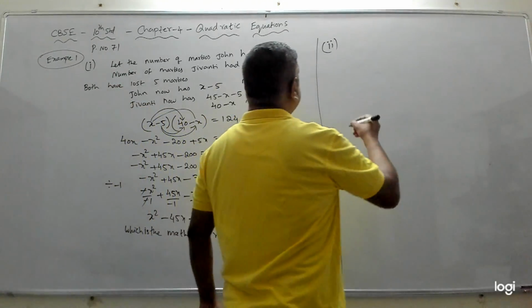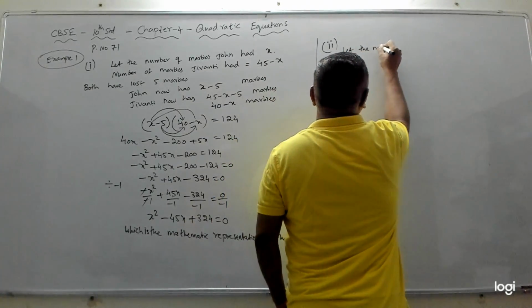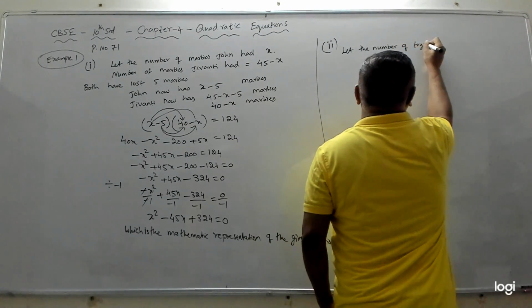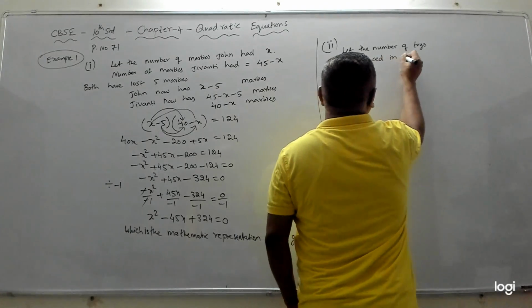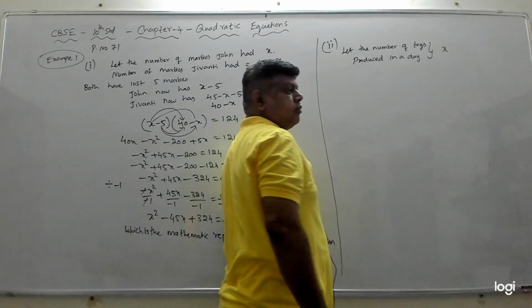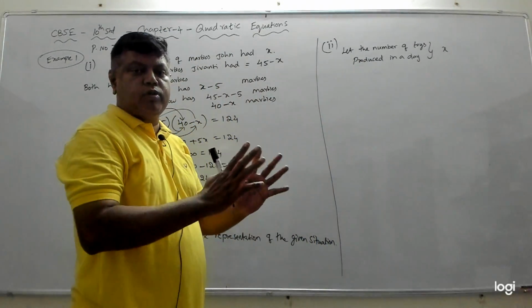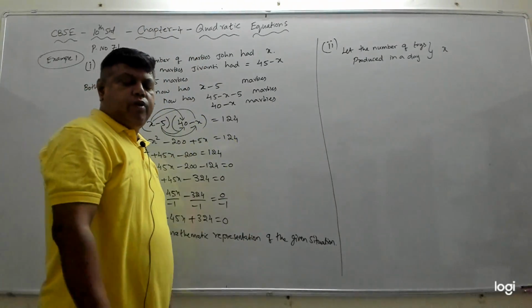Fine. So now we'll assume, let the number of toys produced in a day be equal to x. Suppose that the cottage industry is producing x number of toys in a day.